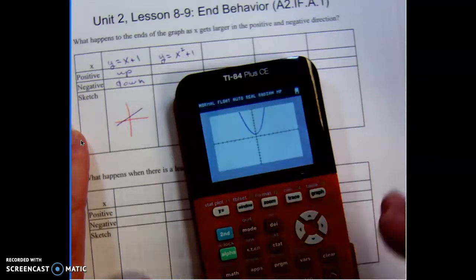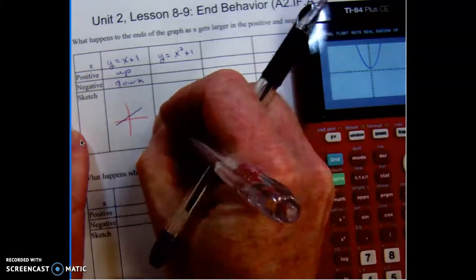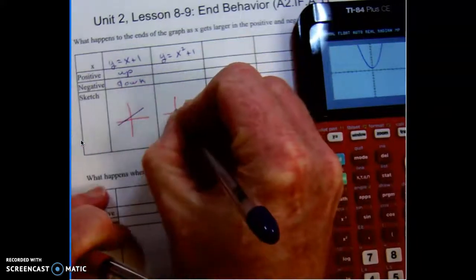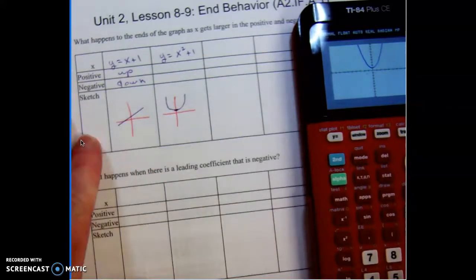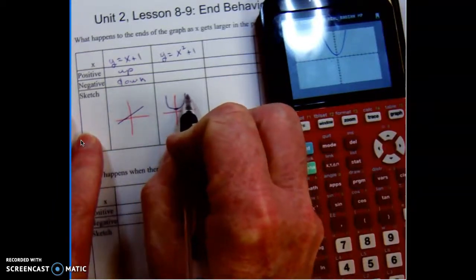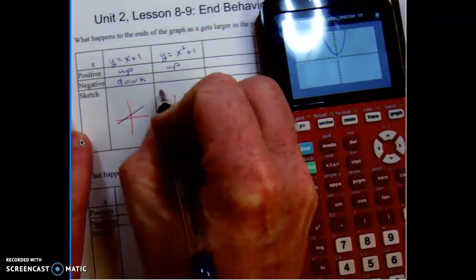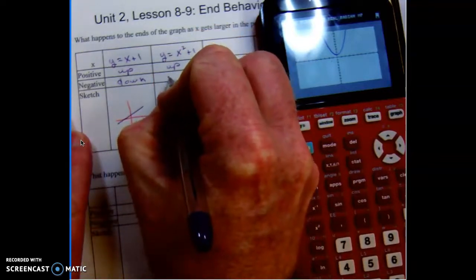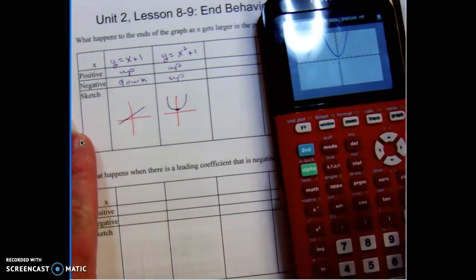So it makes this U shape. So we got a quick sketch here. Okay, crosses at 1. So as x gets bigger in the positive direction, as we go to the right, it goes up. As we come to the left, it goes up also. Okay, it goes up on both extremes.